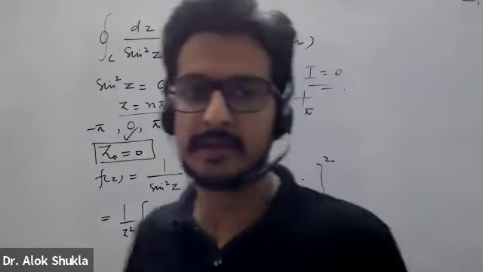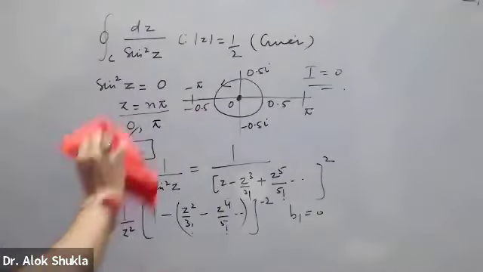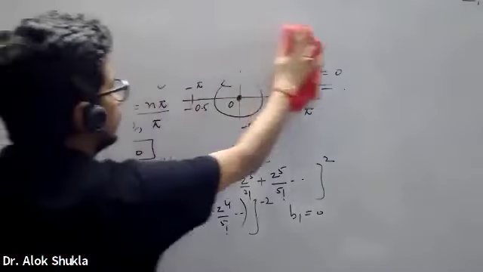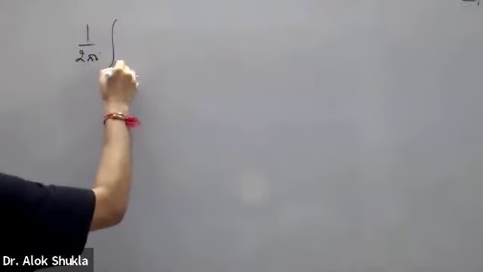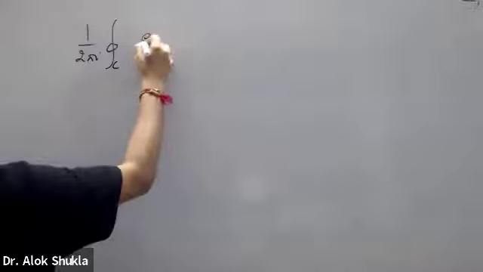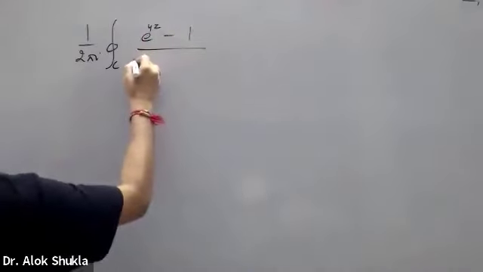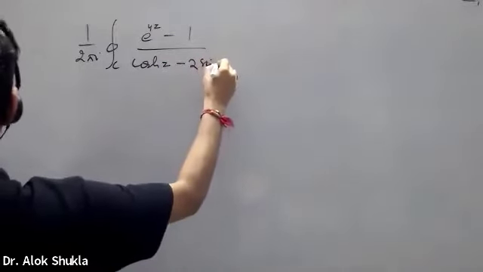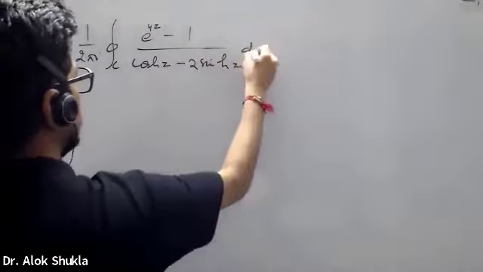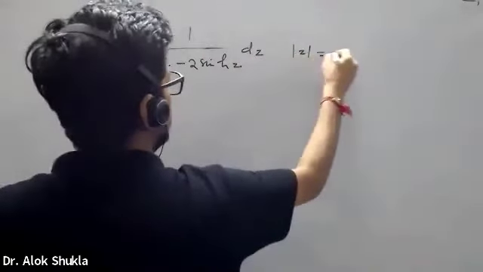Now, the next question is, half part of that question we have done already when I was doing the residue. So that is 1 upon 2 pi i, contour integration C, of e to the power 4z minus 1 over cos hyperbolic z minus 2 sine hyperbolic z dz, and mod of z is equal to 1.